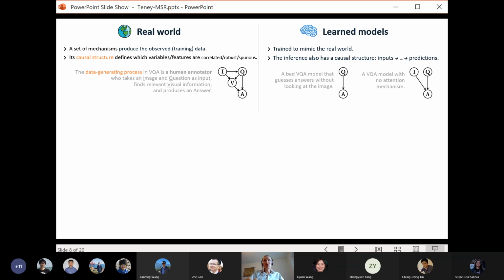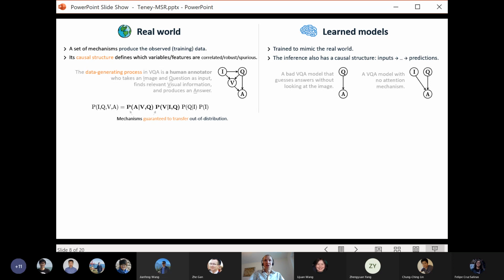For example, we can draw the causal structure of a bad model that doesn't use the image at all and only guesses the answer directly from the question. Or here I represented a model that doesn't have an explicit attention mechanism. But an important property of the causal model of the world on the left side is that its structure implies a factorization of the joint distribution of the variables.